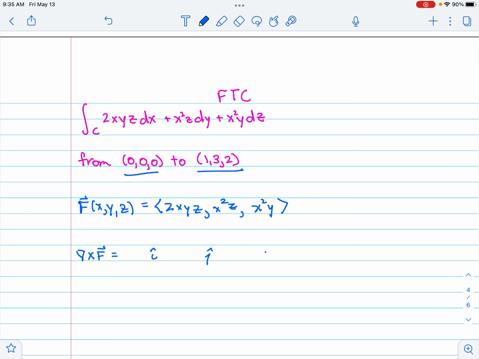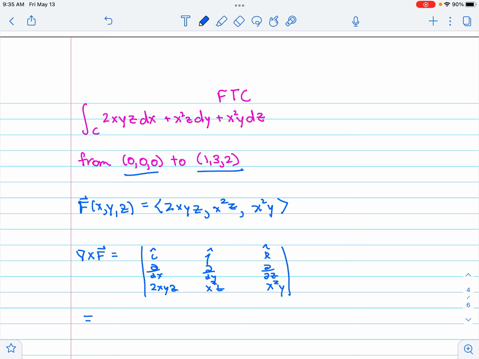i, j, k. Okay, so we've got partial with respect to x, partial with respect to y, and partial with respect to z. And then we've got 2xyz, x squared z, and x squared y.